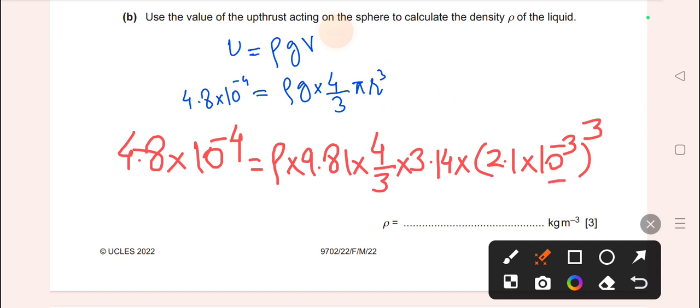Millimeter is 10 raised to the power minus 3, and there was a cube, so it has a cube. Now you can solve. Now the value we have used, the measurement, is this 2.1. It is in two significant figures, so our answer should also be in two significant figures, or it could be one more than that, means three significant figures, right?